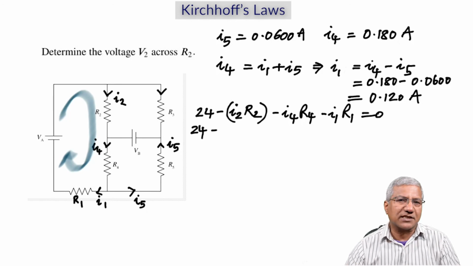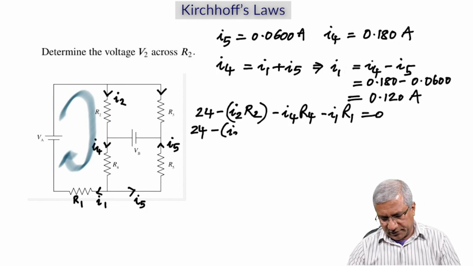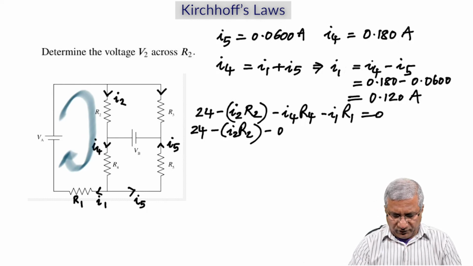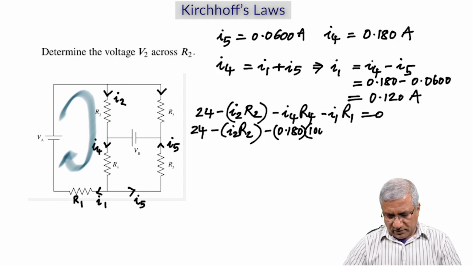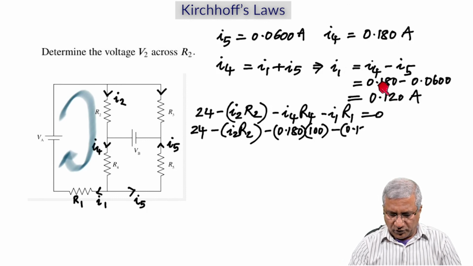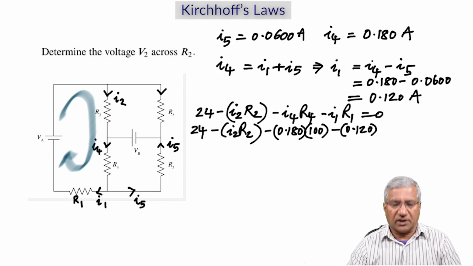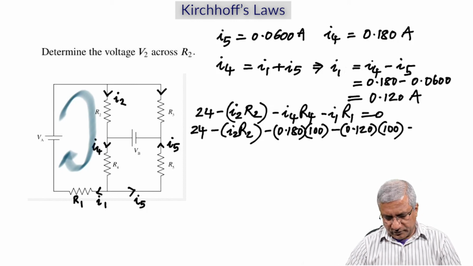And now it's just plug in the values. Minus, what is I4? 0.180 times 100. Okay, minus I1. I1 is right there. 0.120 times, again 100, is equal to 0.